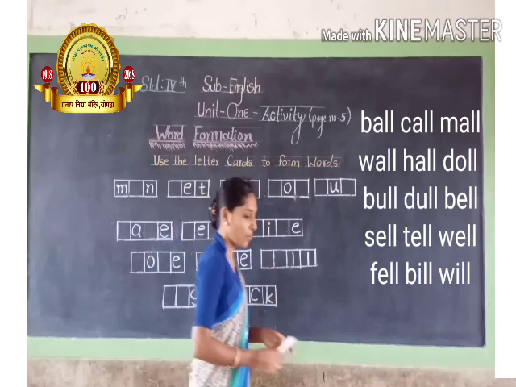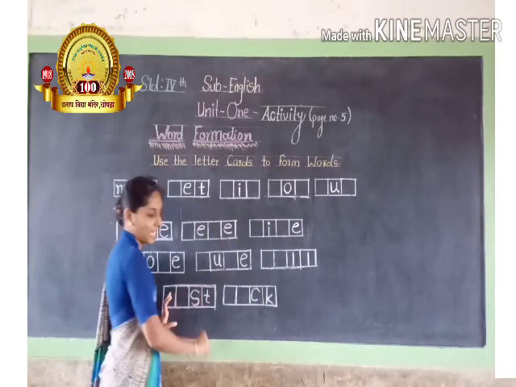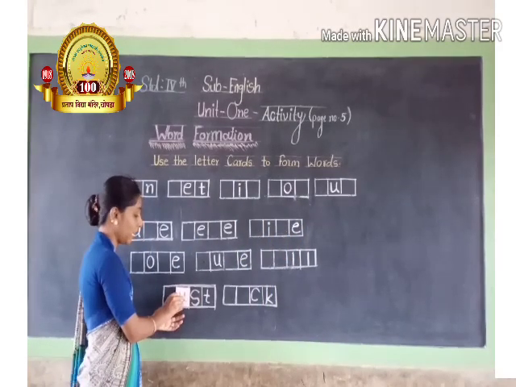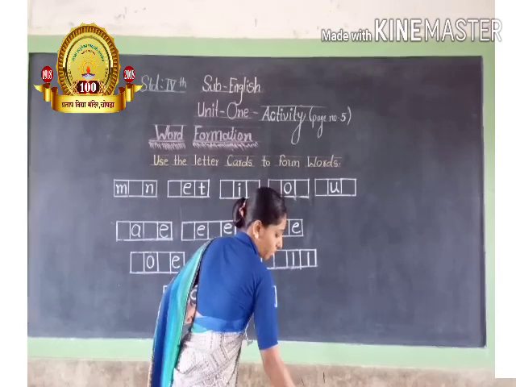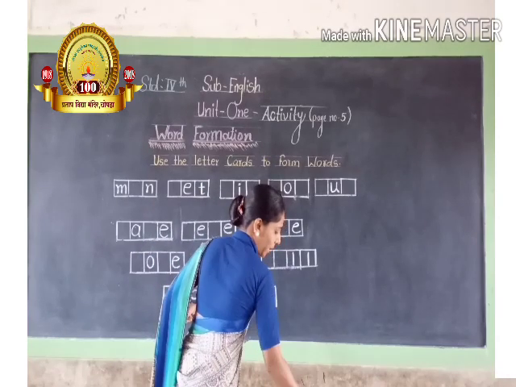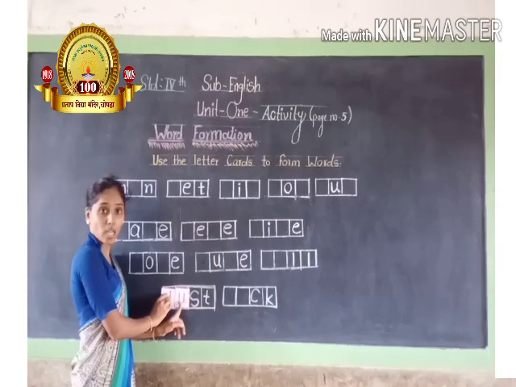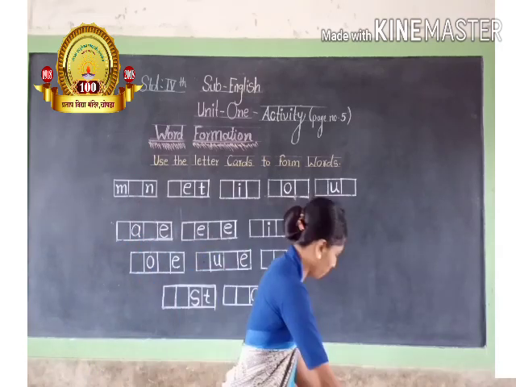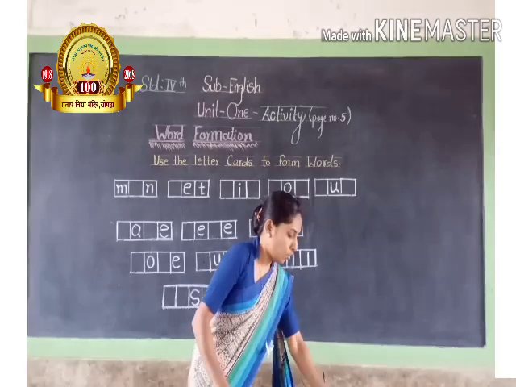Okay? In this way, we make different words. Here also we find words. S and T are given. First of all, we have to put here any vowel and then you can put any consonant for making the word. If I put here D, then DUST, dust. If I change the vowel also, then we get different words.